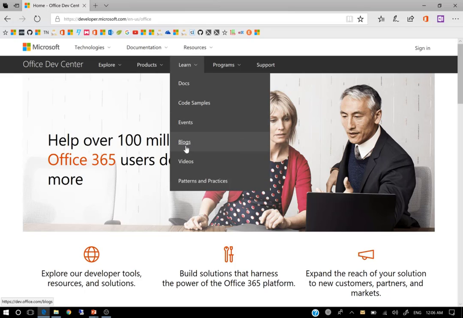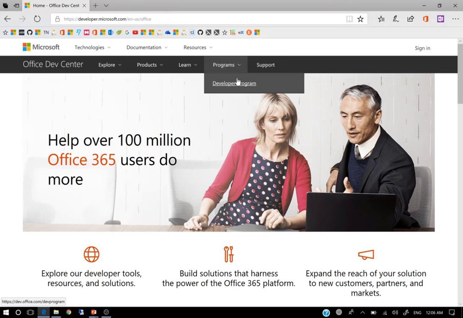They write blogs as well, so you can see what's new and what's coming, so that you can prepare yourself or your projects to leverage the latest technologies. There is a very good patterns and practices team. They are primarily around SharePoint at the moment, but that defines how Microsoft is working with the community to provide solutions to customers and partners. And PnP is a great example of that.